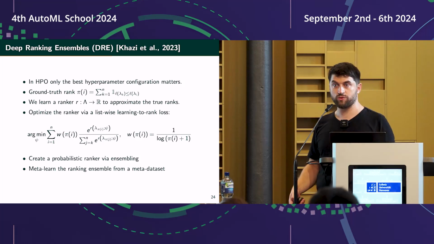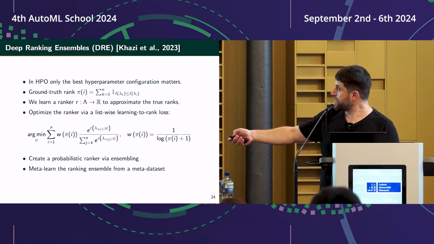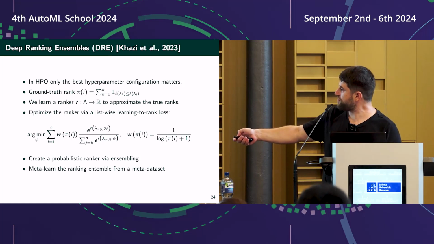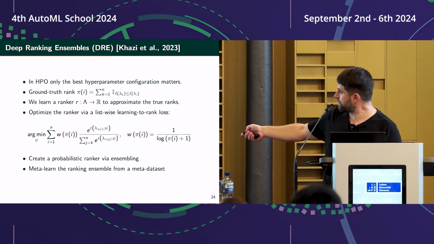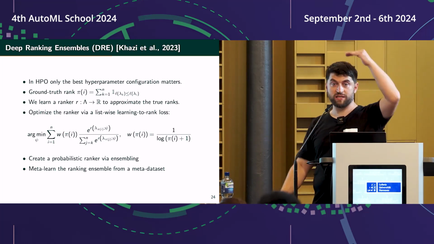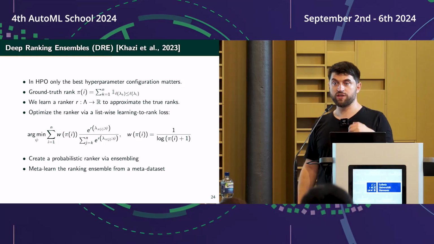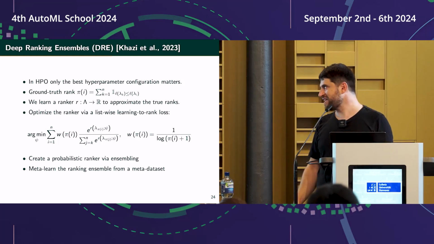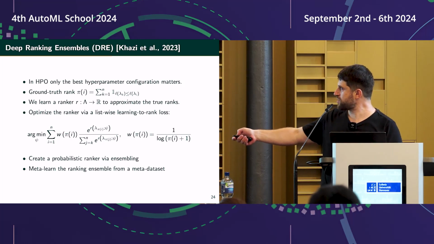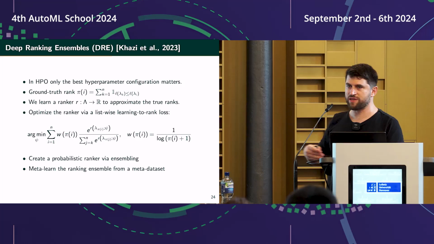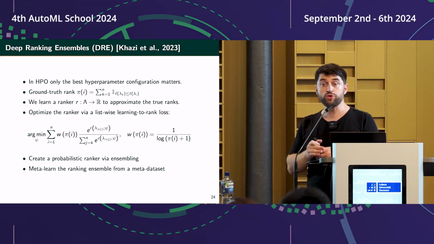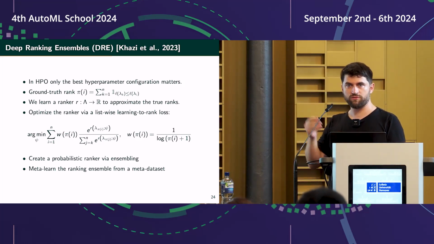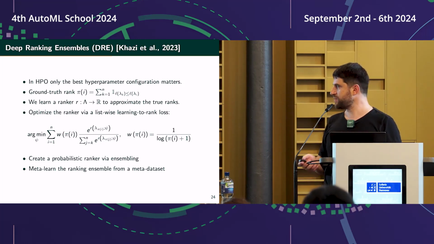So that ensures that you keep the rank. And in addition, we have here a weighting factor that puts a higher penalty on items that are high above in the rank. So think of it like a weighted loss term, where you have a weight that is proportional to the position in the rank, and then you have a term that pushes estimated ranks to be high for configurations that are relevant.